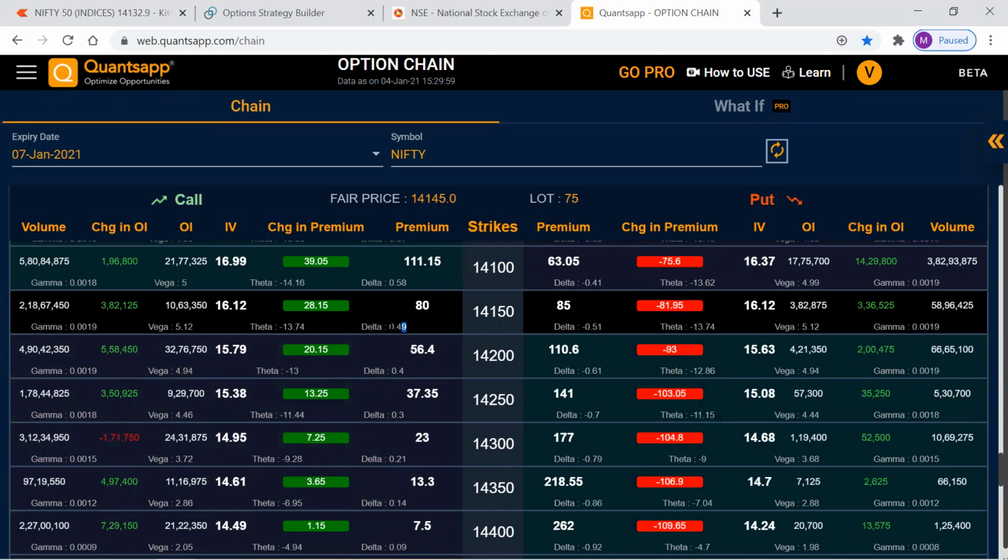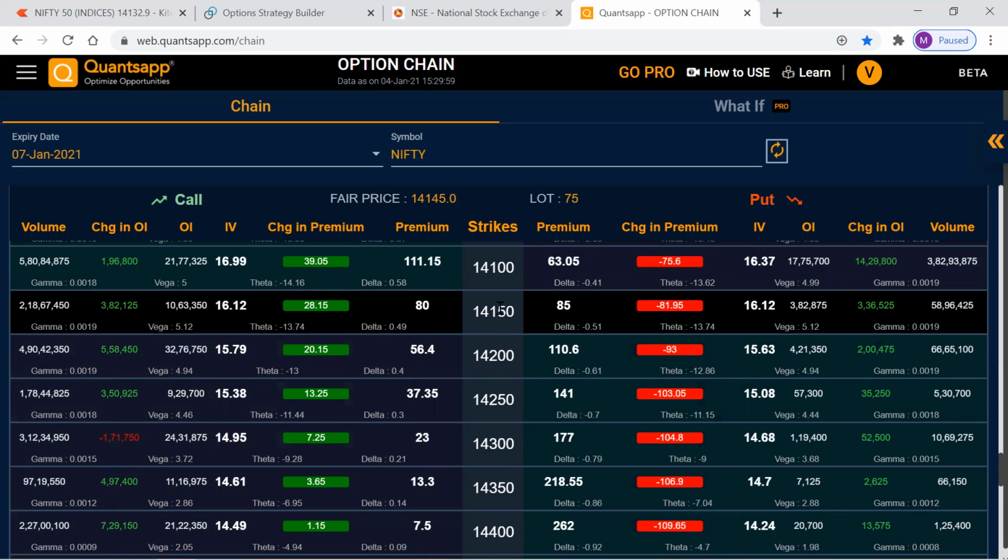Now look at the price of delta. It's 0.49. Imagine that you have bought the 14,150 call. After some time the Nifty went to 14,250. Market was bullish, and imagine that it moved till 14,250.